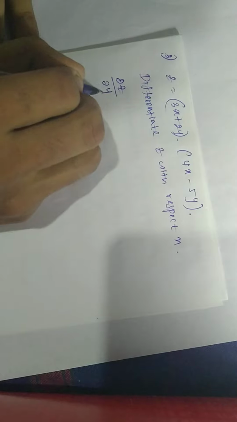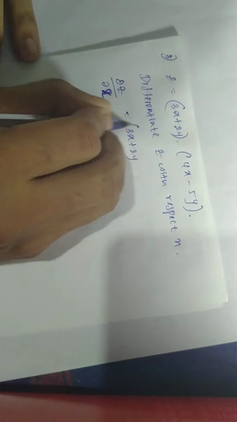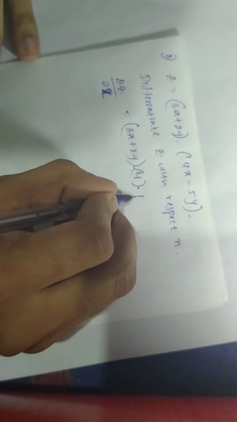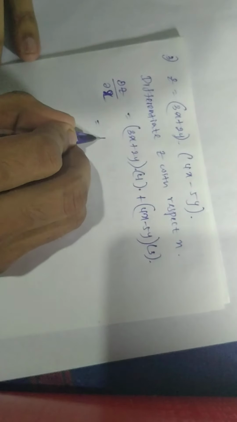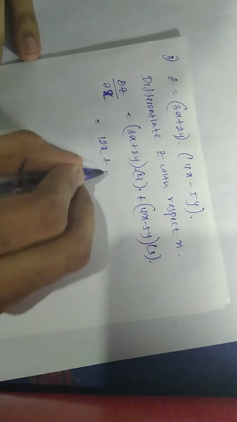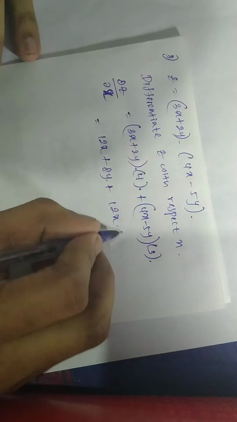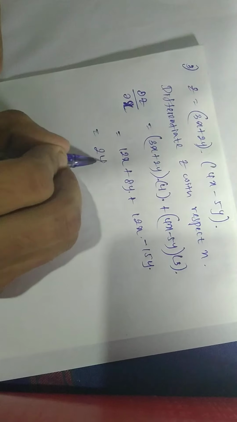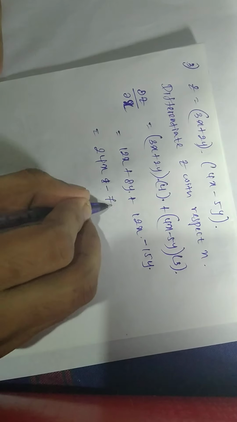Dou z by dou x equals (3 times x plus 2 times y) times 4 plus (4x minus 5y) times 3. That is 12x plus 8y plus 12x minus 15y, which gives 24 times x minus 7 times y.